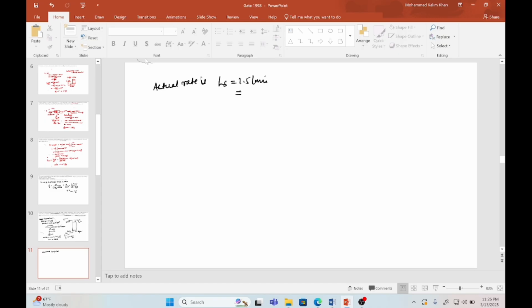L minimum we just calculated, so multiplying by 1.5 we get 361.2 kilomole per hour.